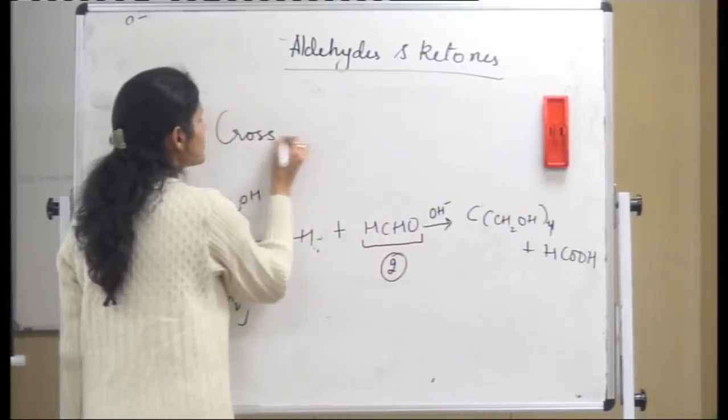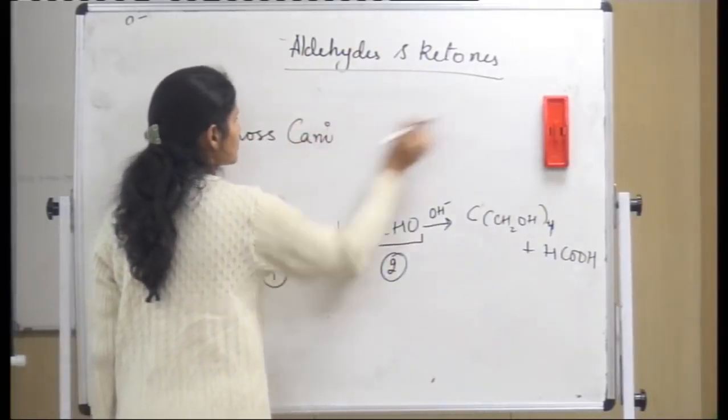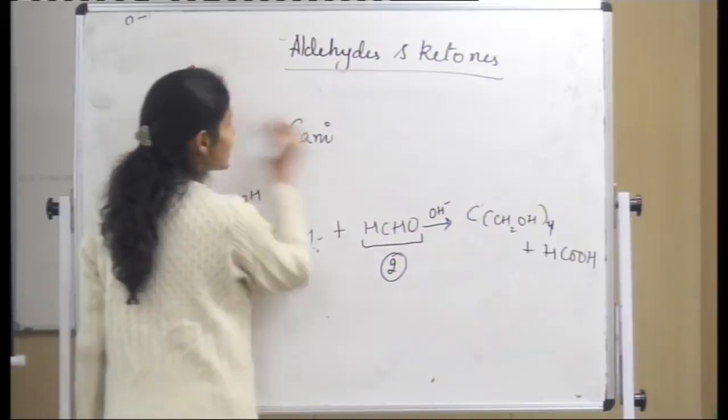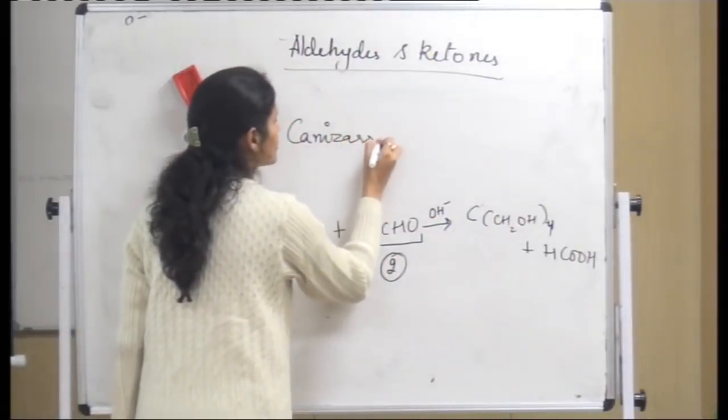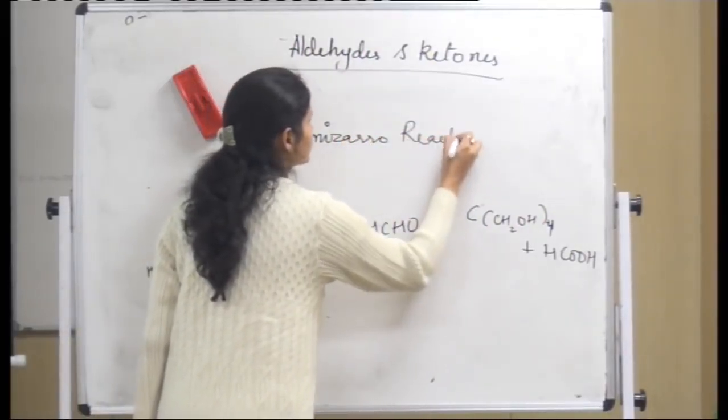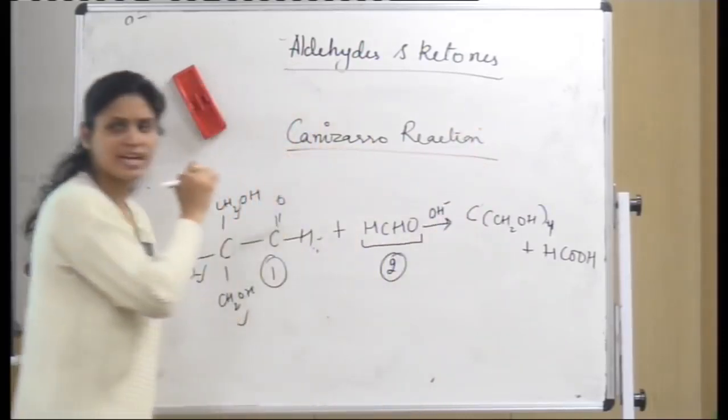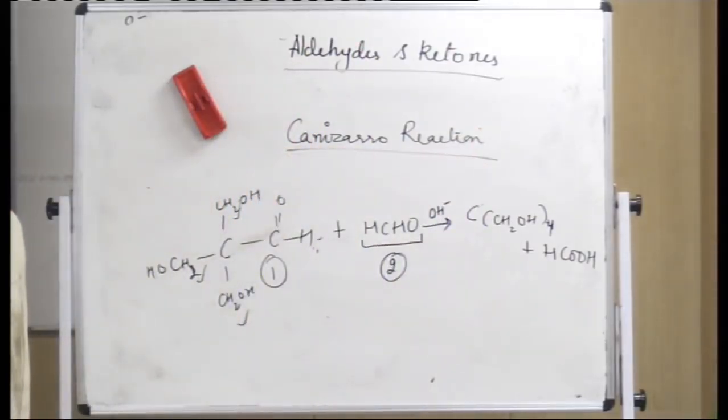So this reaction is called the cross Cannizzaro reaction, or in fact I should write Cannizzaro reaction. So what are Cannizzaro reactions? Cannizzaro reactions are self-oxidation and reduction reactions.